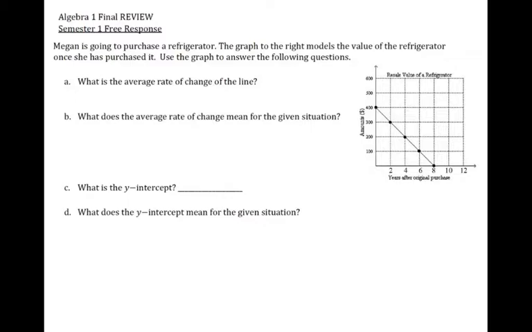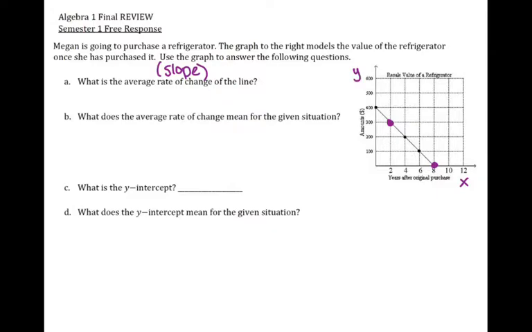What is the average rate of change of the line? Average rate of change is the same thing as slope. So I'm going to pick any 2 points on my graph and do rise over run. Please pay attention to how your axes are labeled. My x-axis is going up by increments of 2. My y-axis is going up by increments of 100.